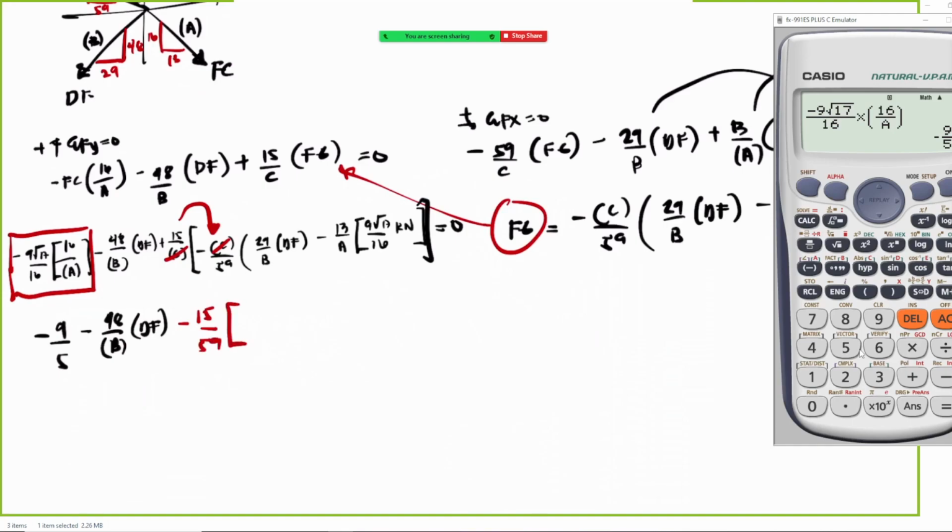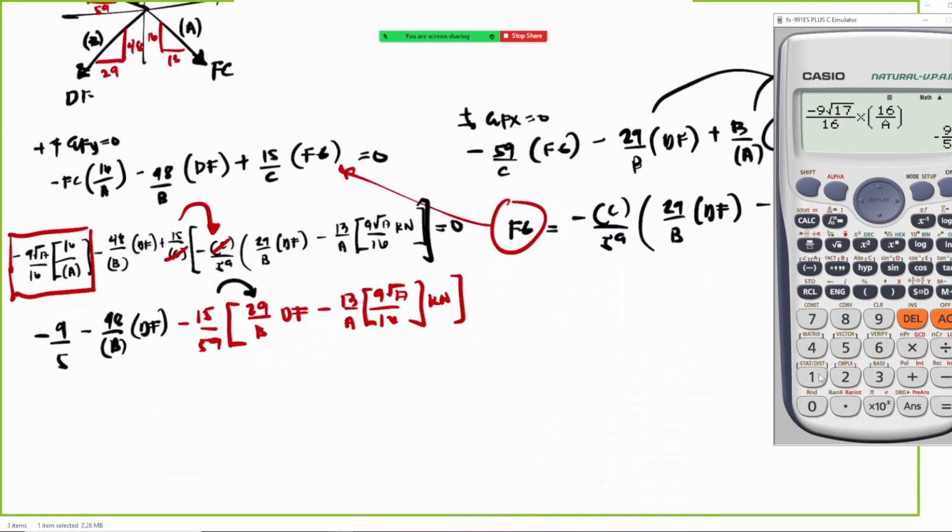And then 29 store B DF minus, tama? Minus 13A, 9 square root of 17 over 16 kilonewton. Okay? So next is FOIL method, this one.